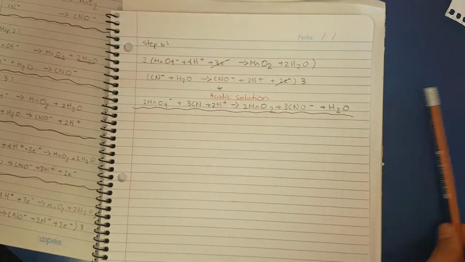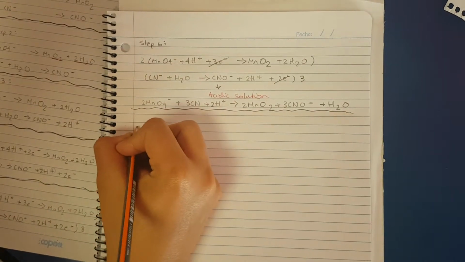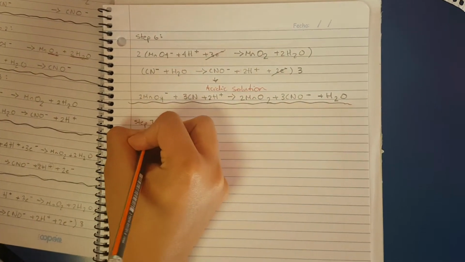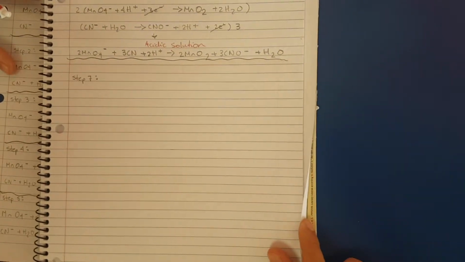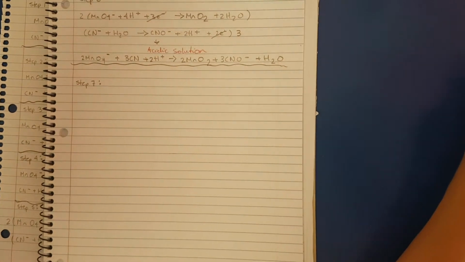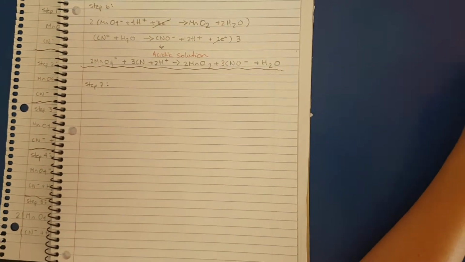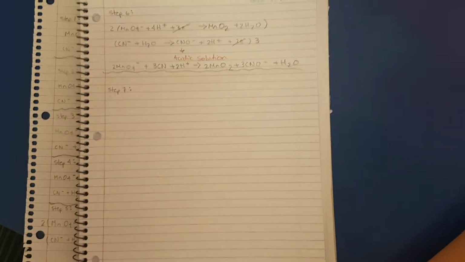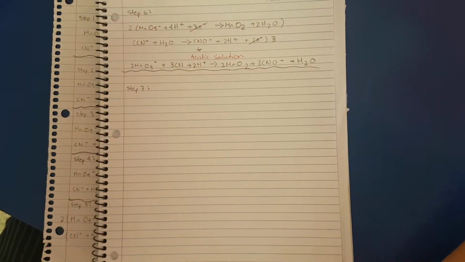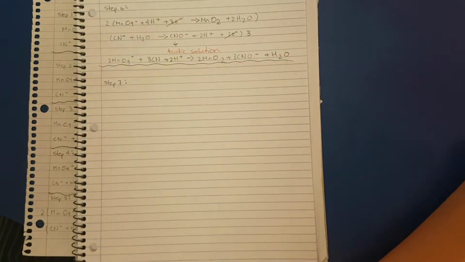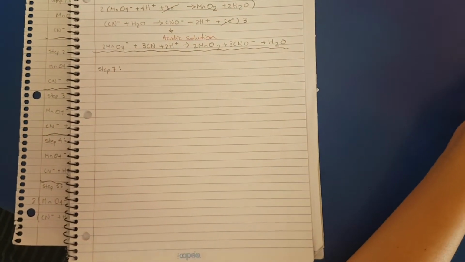Now for step 7, well, now we gotta balance the equations. We gotta add the multiples for the equation. So for example, if we have H plus, we gotta add OH negative.